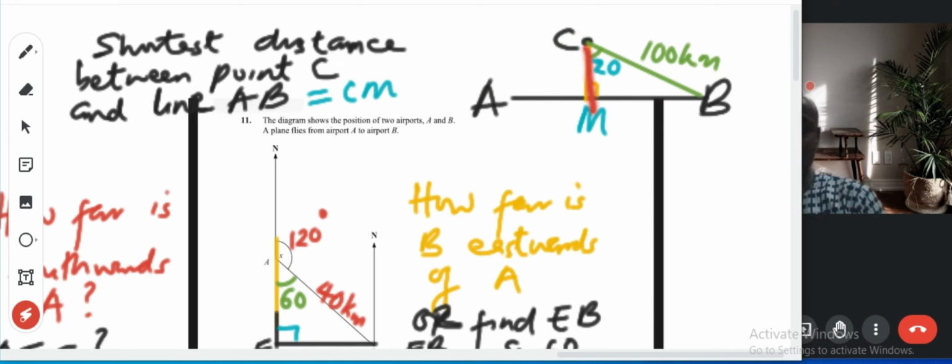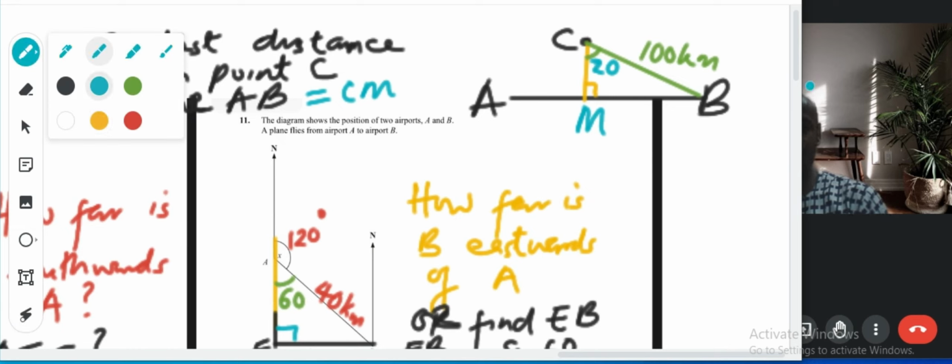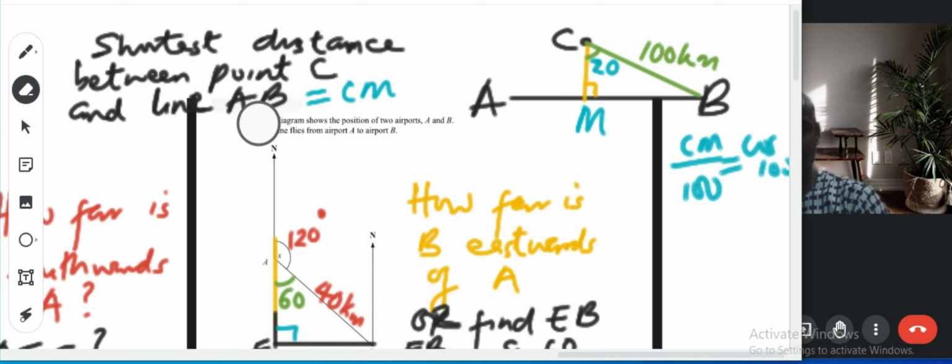And of course, we can get CM. What rule can we use?